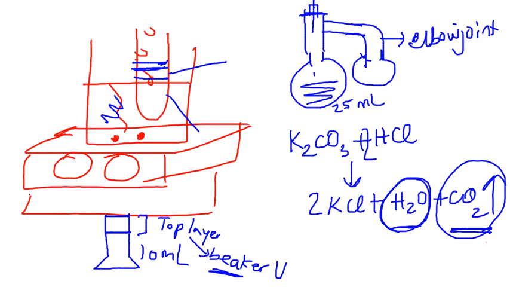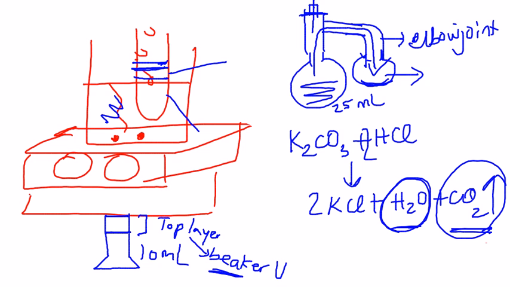As you go through the short path, you're going to collect the fractions between 70 to 85. We say 70 to 85, but again, it really depends on where your thermometer is. Your thermometer should be placed at that Y junction, right at the diversion. And you would separate out your product.